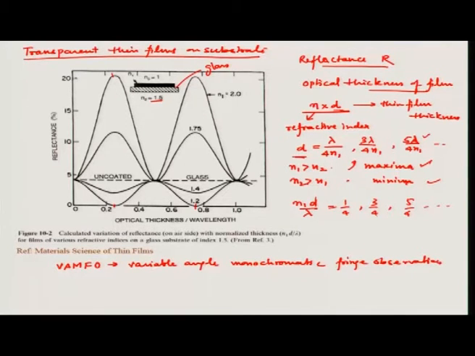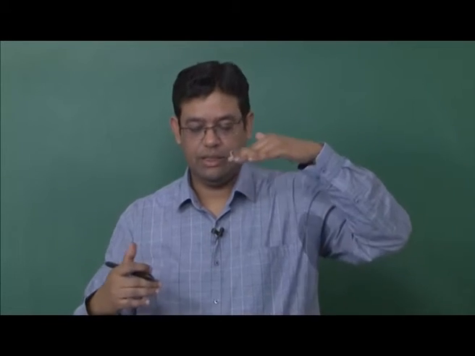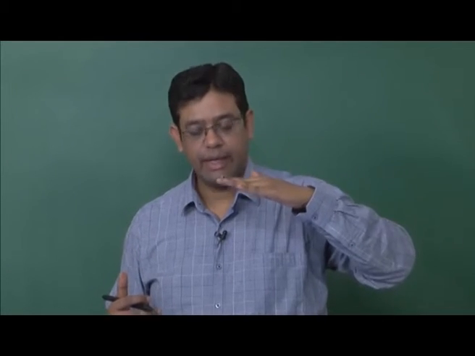Now, in this method your lambda is fixed, you change the angle of the light which is falling onto this. When you change the angle, you are changing the optical thickness, because the D part, how much distance the light travels in your film, is changing, right.